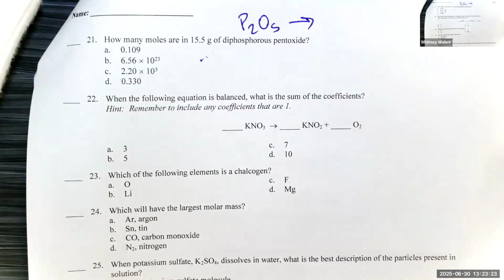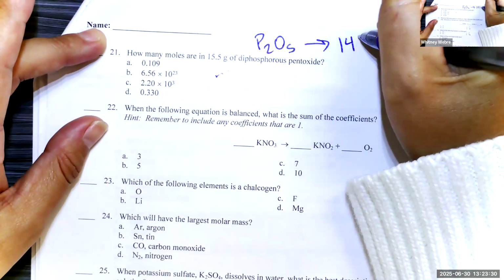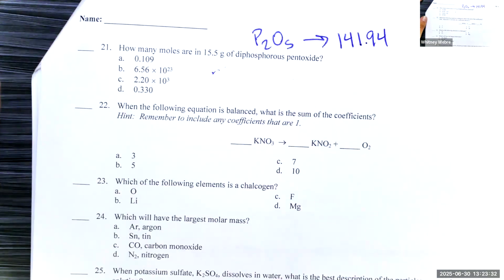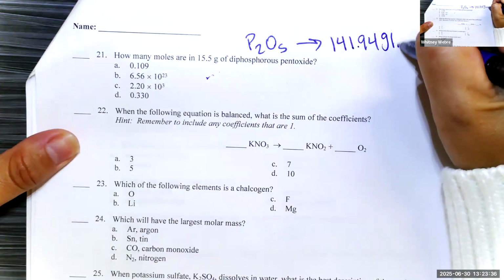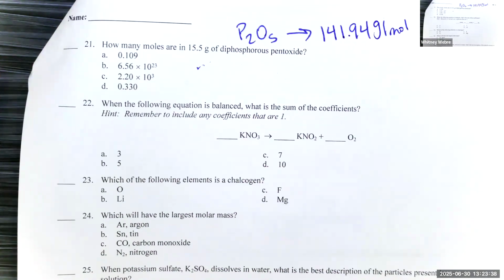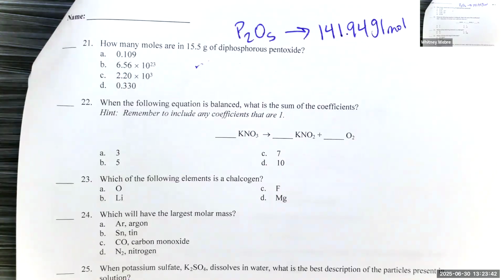So what is the molecular weight of P2O5? How'd you get that so fast? I'm very impressed. I don't even know that I've memorized what phosphorus is. All right, first you need molecular weight, and then the mole triangle.